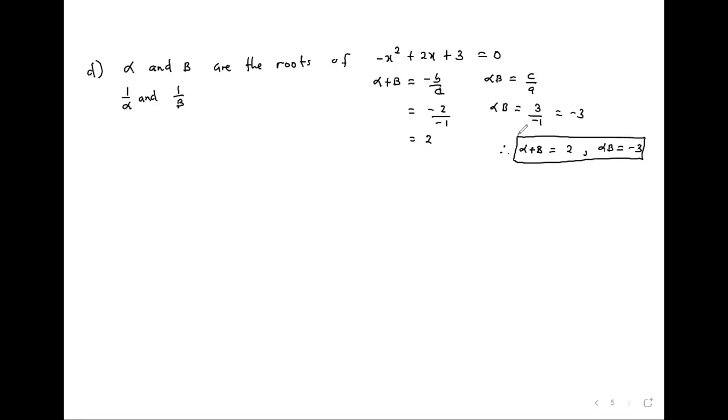We must find the equation whose roots are 1 over beta and 1 over alpha. So you can always write it like this: x squared minus beta plus alpha over alpha beta as the common denominator, plus 1 over alpha beta.